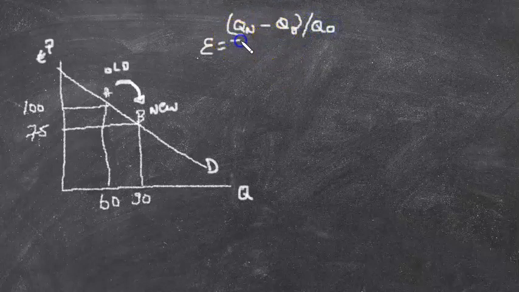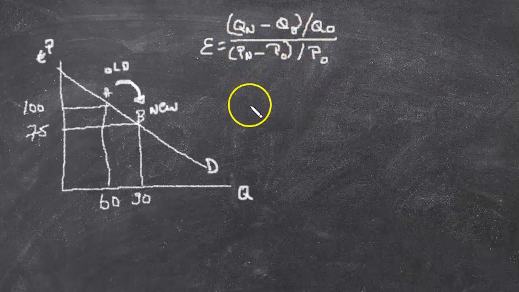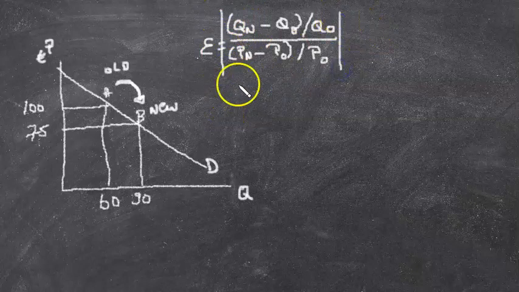That's the percentage change in quantity demanded. And we're going to divide it by the percentage change in price. So the new price minus the old price divided by the old price. That's the percentage change in quantity demanded over the percentage change in price, and we take the absolute value of this.